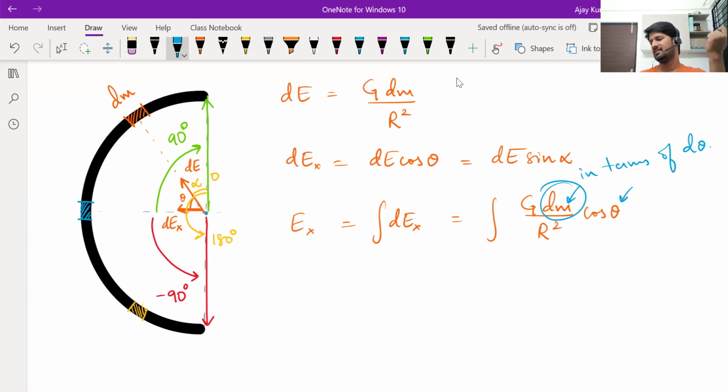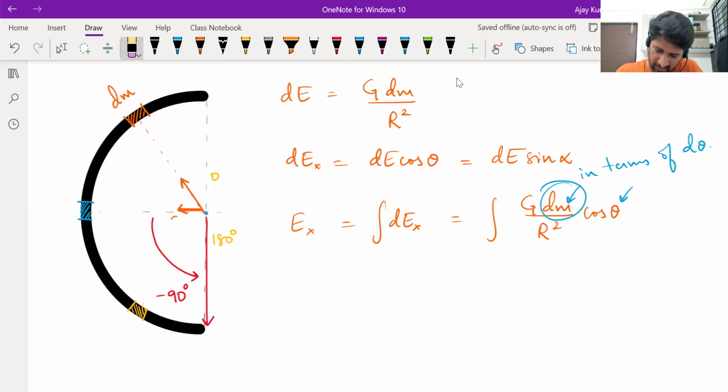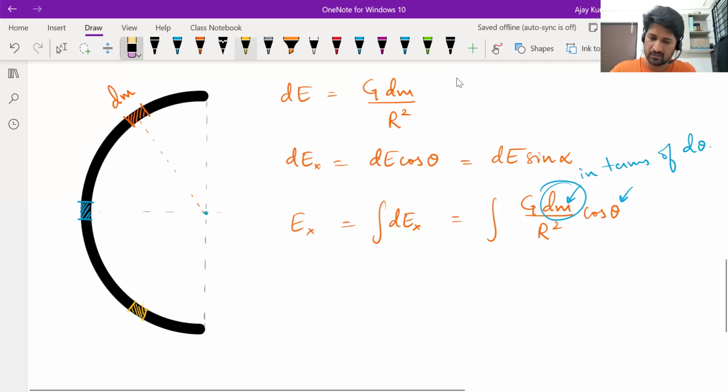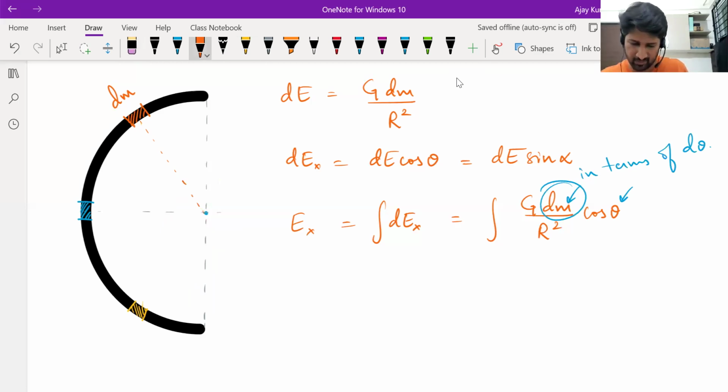Okay. Can any of you give an idea how to express dm in terms of d theta? Or what is d theta first of all? Let us visualize that. Every element of the ring subtends a small angle at the center. You can imagine it like this. We had done this in center of mass and moment of inertia derivations already.